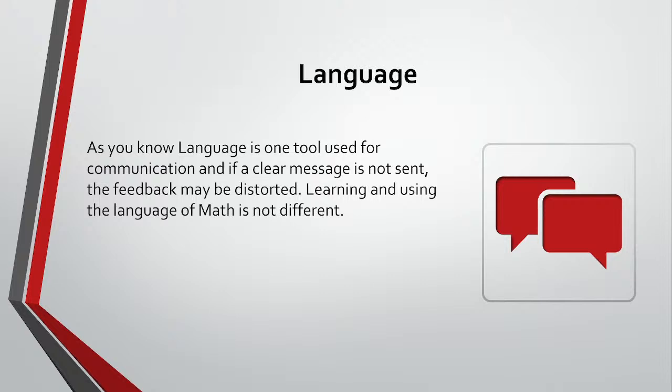We're particularly looking at the topic: whatever you do, avoid these in math class. Yes, so language, like I was saying. Language is one tool used for communication, and if a clear message is not sent, the feedback may be distorted, kind of like what happened at the beginning of this video.